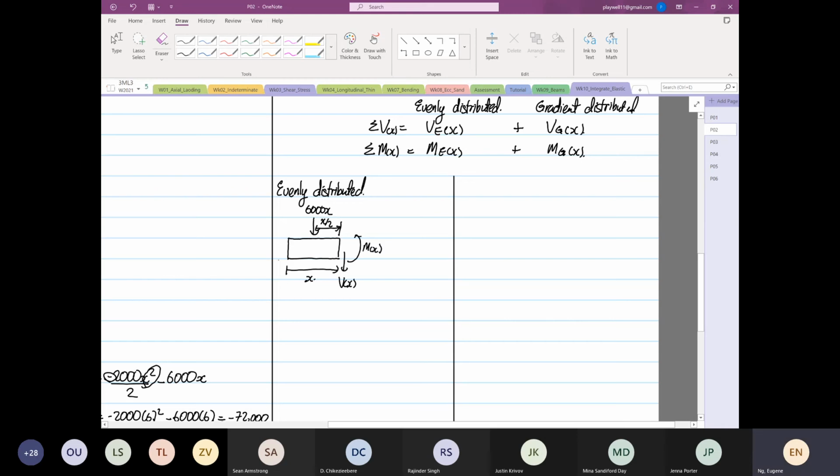Okay, this is where our point A is. So we apply static analysis. The summation of forces will be equal to 0, so minus 6,000 x minus V as a function of x. So V as a function of x is equal to minus 6,000 x.